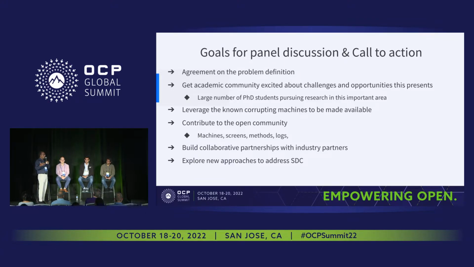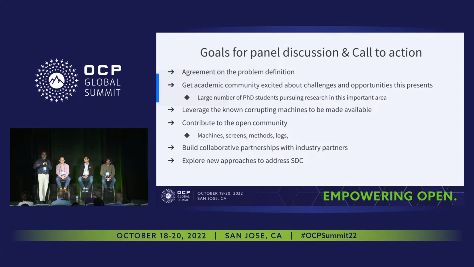So the reason for having this discussion in Open Compute is let's build an open community that contributes both machines and their tests, their logs, their methods, their results, to figure out how we advance the state of the art collectively. And we can leverage the work that others have already done to start from there and see how we make progress further.